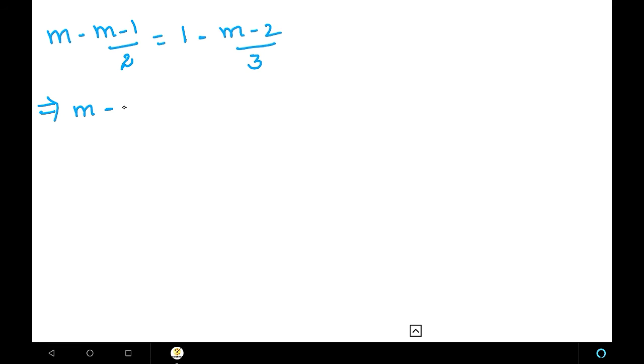Denominator is equal for m and minus 1, so we will make it as m by 2 minus 1 by 2. Same applies for RHS. In RHS also 1 minus m by 3 minus 2 by 3.